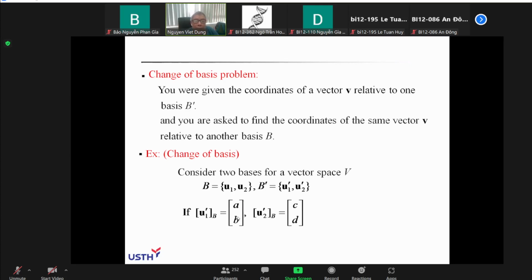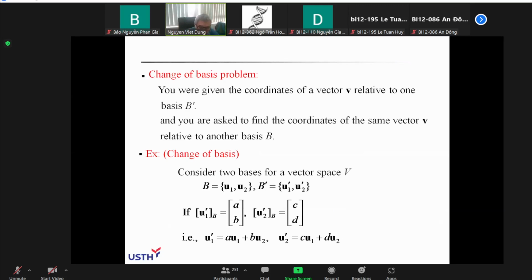So what does it mean? It means that U1 prime equals A times U1 plus B times U2. And the second one means U2 prime equals C times U1 plus D times U2. So that is it.